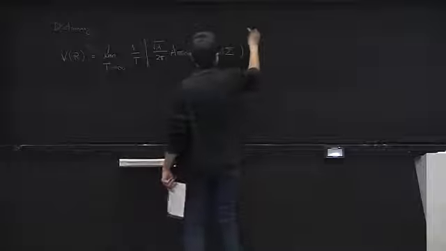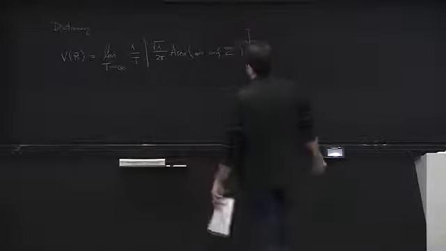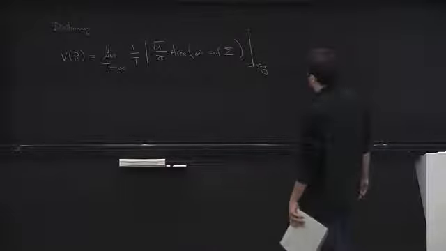It's actually not the area, because this area will be divergent, so it is some regularized area. Let me explain it in a minute, how I have to regularize this expression.